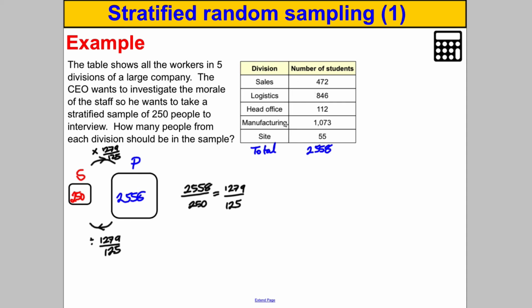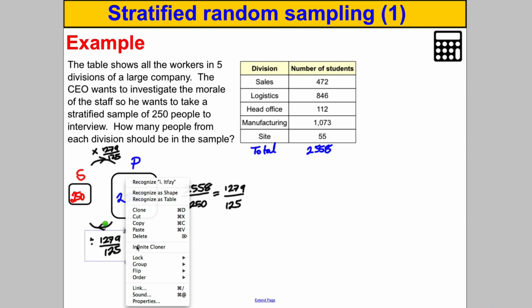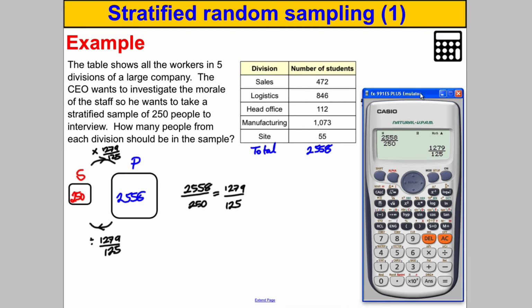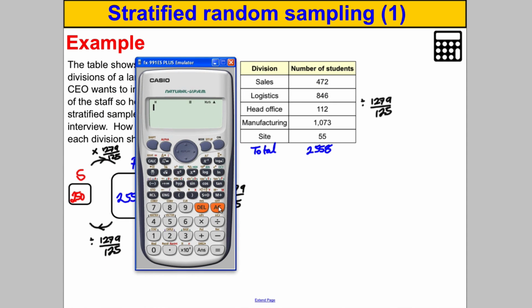So these are the numbers in the population. We're going to divide each of them by this here. I'm not going to write it all out, but I'm just going to show you that each of these are going to be divided by that fraction. Let me show you how to do the first one, and then afterwards I'll just run through the others. You would do 472 divided by, and then you would type the fraction button, 1279 over 125, like that.